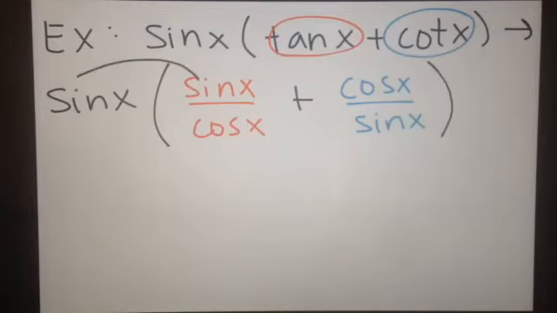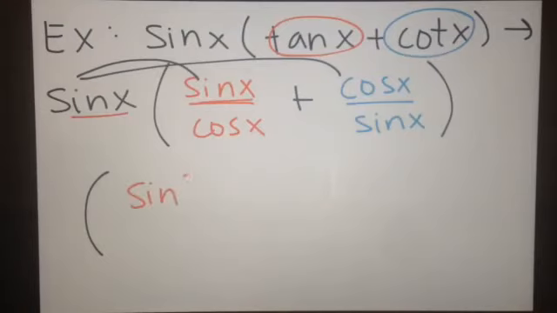Next, I'm going to go ahead and distribute that sine inside the problem. And so for my first fraction, I'm now going to have sine squared x on the top because sine times sine makes sine squared. And I have cos x on the bottom.